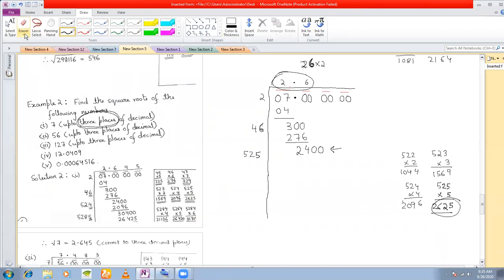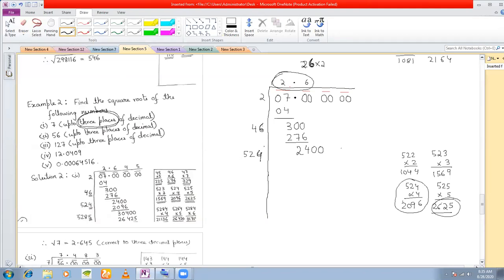So what we'll do here is we'll not choose 5, we'll choose 4, because 524 into 4 is just less than 2400, it is 2096. Okay, so what you do here is you write a 4 here.